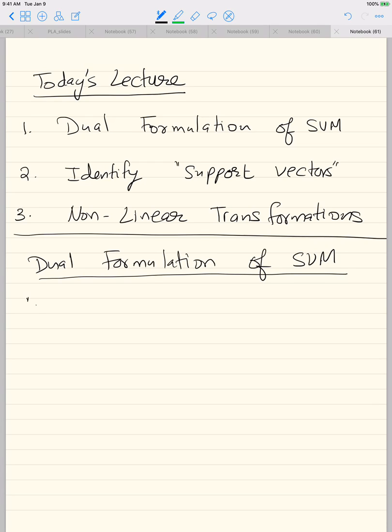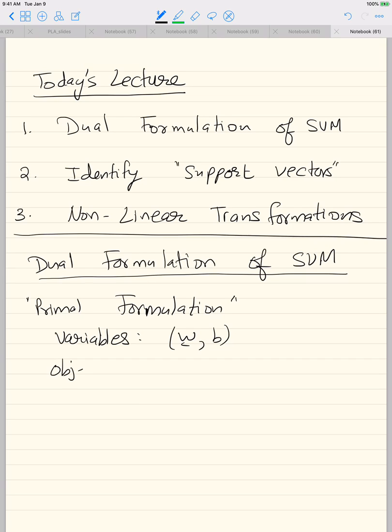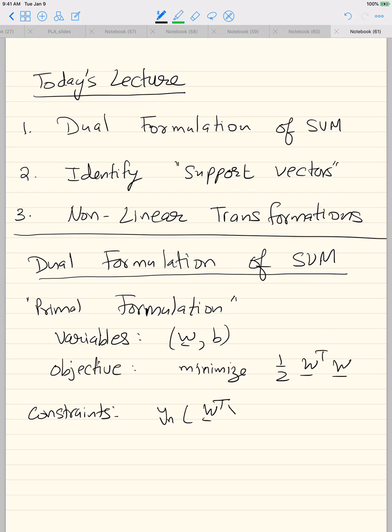So our original formulation is what is called the primal formulation of SVM. Here our variables are w and b, the weight vector and the bias term. Our objective is to minimize the following term, half w transpose w, and our constraints, where we had one constraint for each training point.